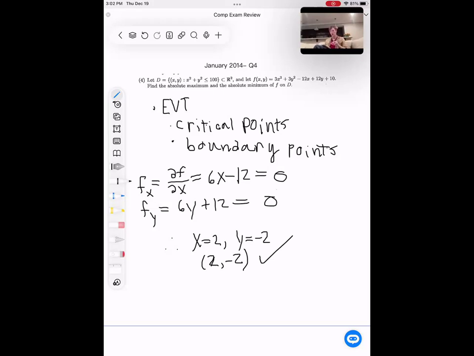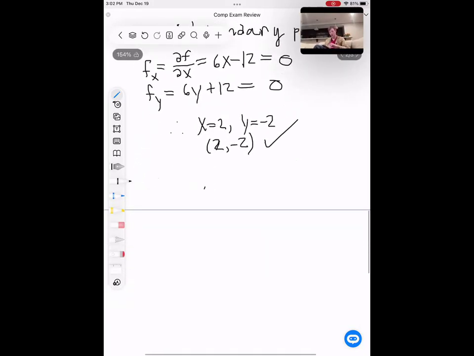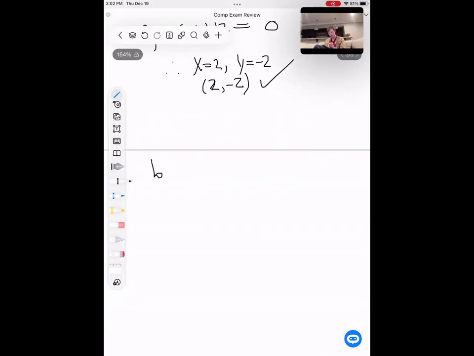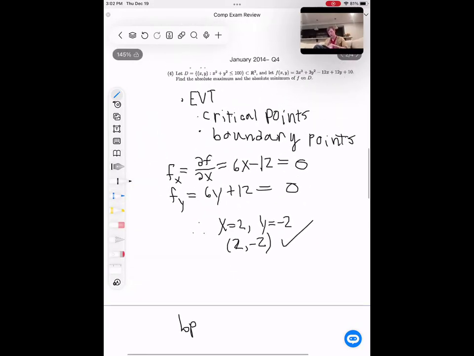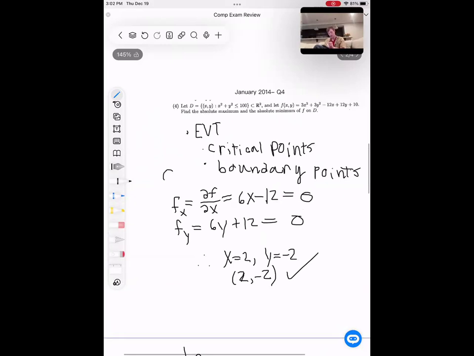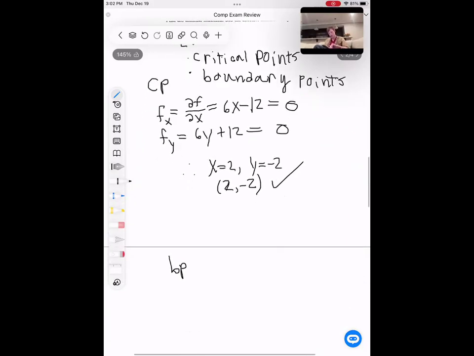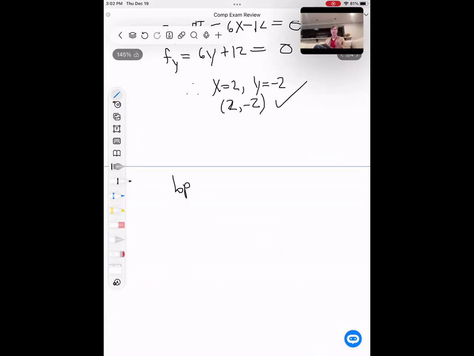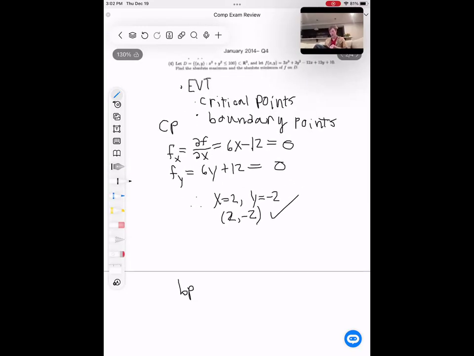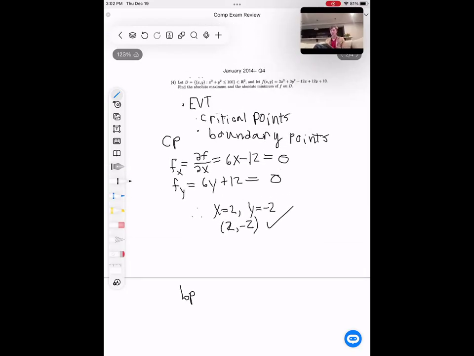However, we can also now focus on boundary points. So now I'm going to say this is BP, and I guess just going back up here, this is CP. Awesome. Okay, so for our boundary points, there's actually a couple different things we can do. The first thing is we can take our boundary equation, which would be x squared plus y squared is equal to 100, and then we can plug that equation into f to substitute it and turn it into a function of just one variable.